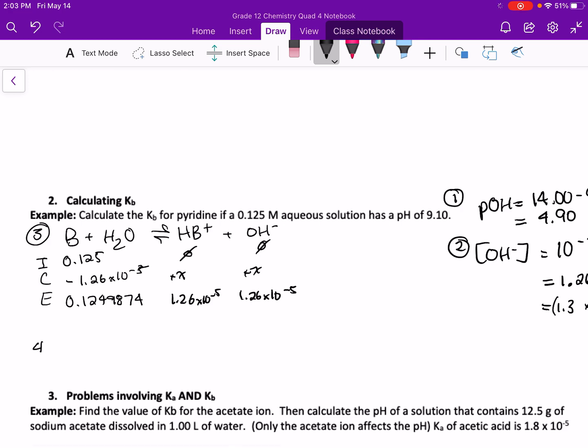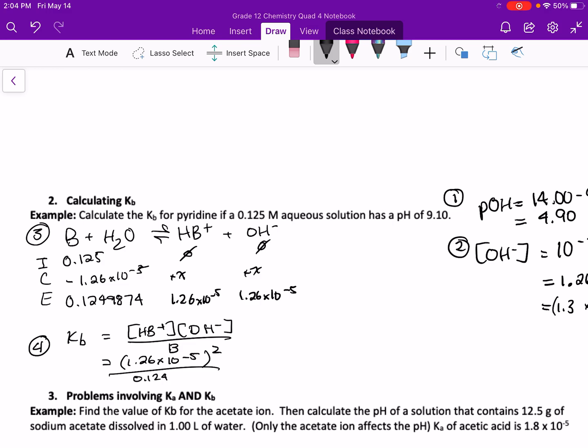Now we're going to calculate the Kb. Kb is equal to my products divided by my reactant, excluding water, squared. I have 2 of those. Put my concentration at equilibrium of my base here.